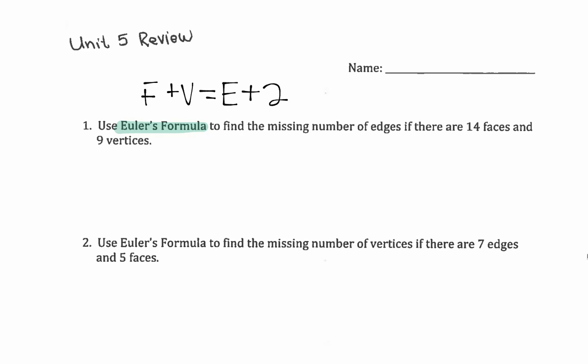So we have to establish what was given and what is missing in this problem. It says find the number of edges. So E is missing. We're given F and we're given V. So this is going to be 14 plus 9 equals the unknown E plus 2.